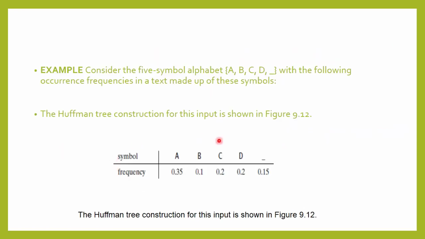Let's learn about Huffman's algorithm using an example. I have considered here an example which contains 5 symbols A, B, C, D and underscore, and the frequencies are 0.35, 0.1, 0.2, 0.2 and 0.15. Our aim here is to get the Huffman code and find the compression ratio.